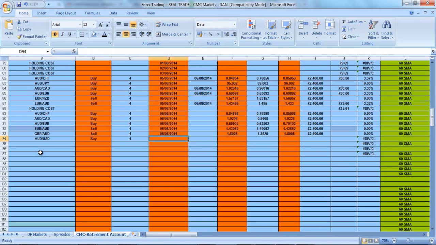and then today's date, which is 06/08/2014, and then obviously I have to put in the price.